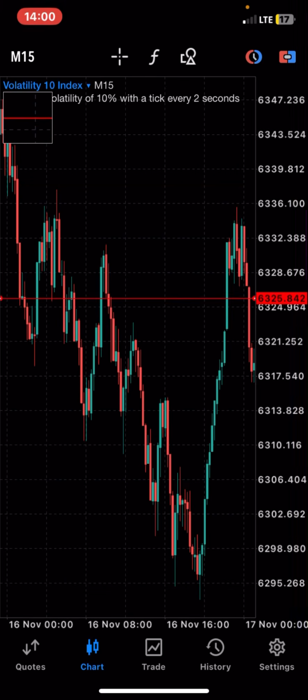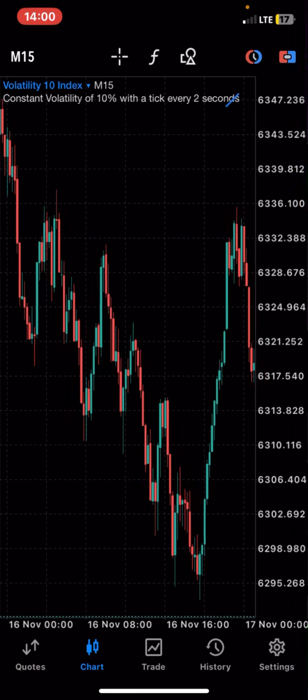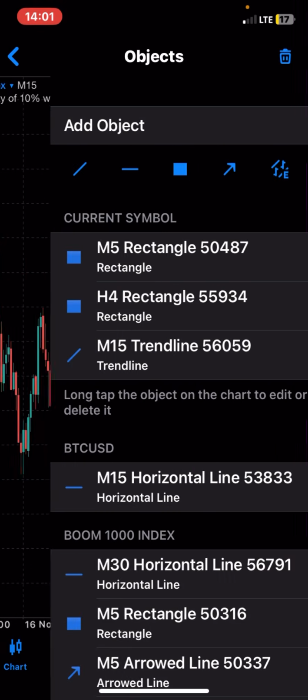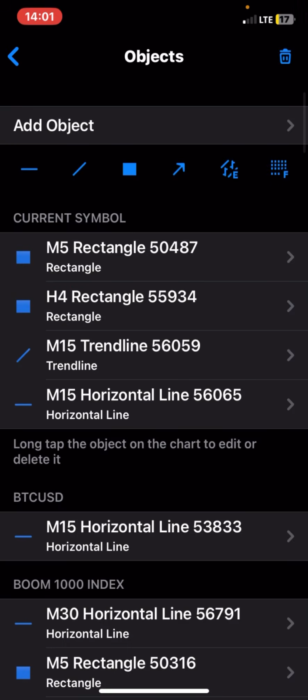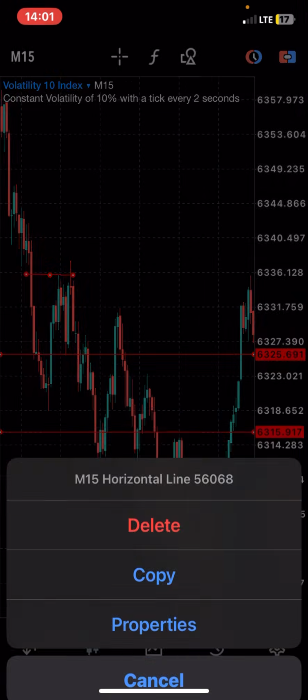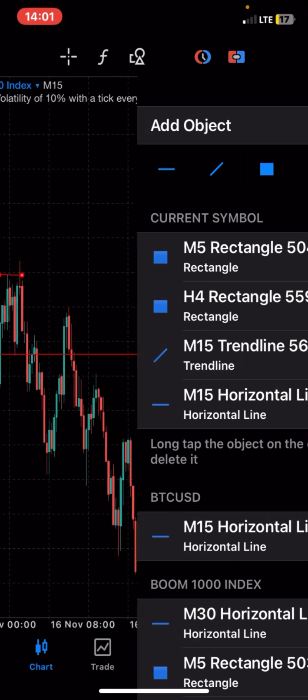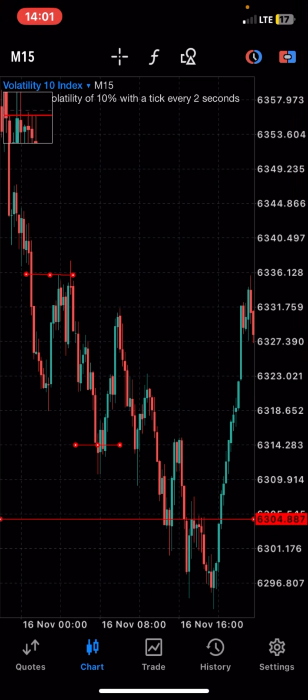It broke structure. So let me mark all of this out for you guys so that you can see for yourselves. It came and swept. It broke structure over here. Came and it broke structure right over there.